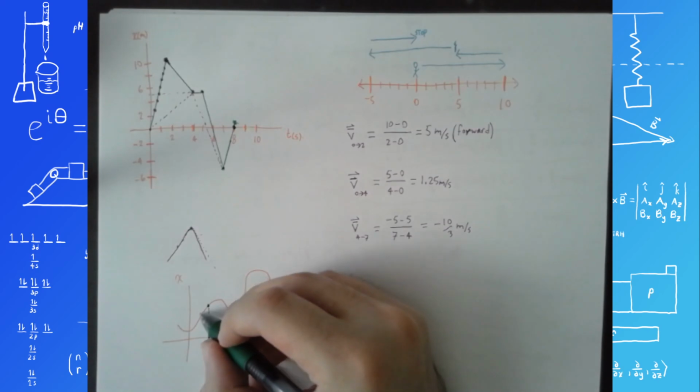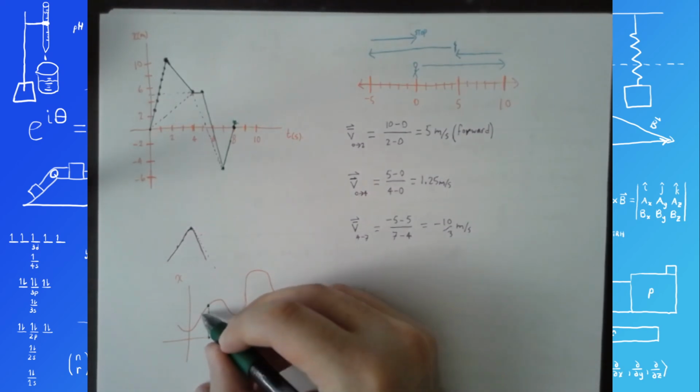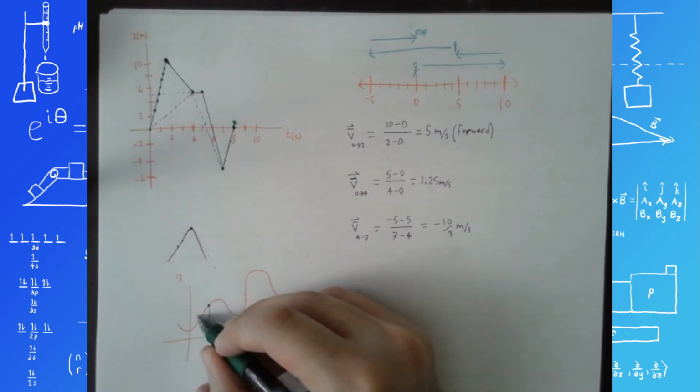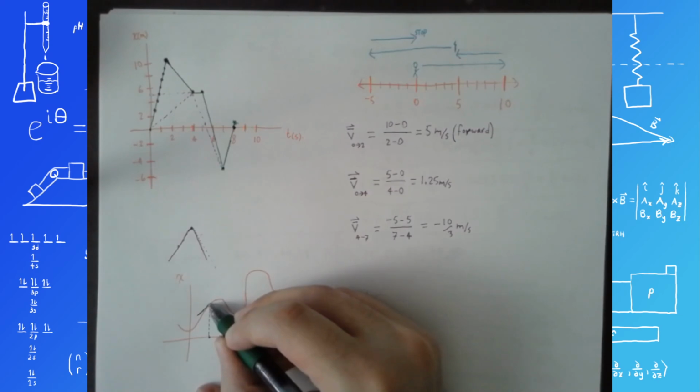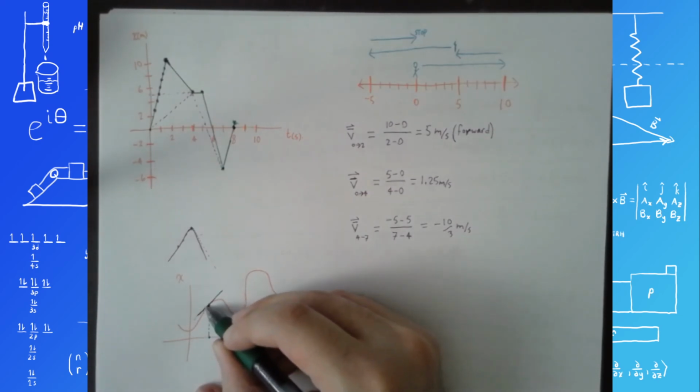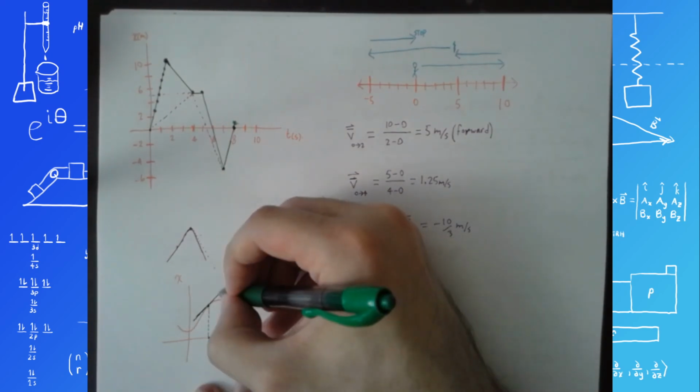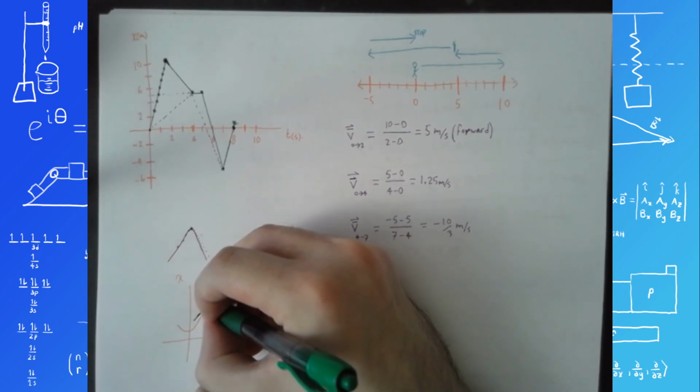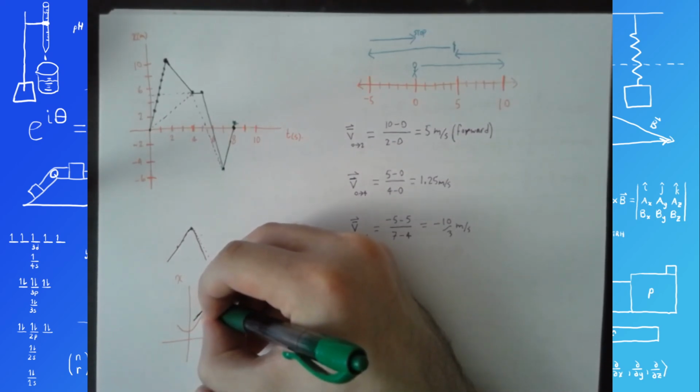So if I was super precise with this, which is nearly impossible because I'm only human, then I could draw a line that just barely grazes the curve at this point, and whatever the slope of this line is, that would be the instantaneous velocity at that moment.